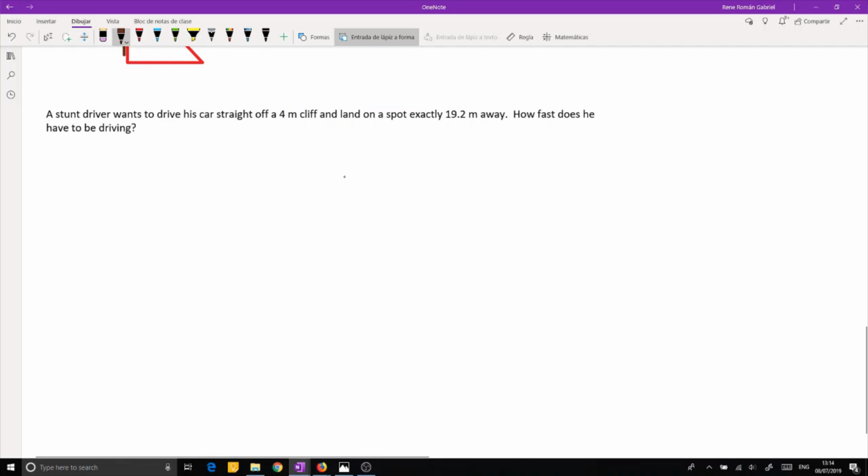So what we're going to do is put our data, which is 4 meter high, 19.2. So first we have to figure out time. So if it's 4 meters high, this would be S equals UT plus 1/2 a t squared. We can eliminate ut because u is 0. 1/2 a again is 5 t squared, and s would be 4.